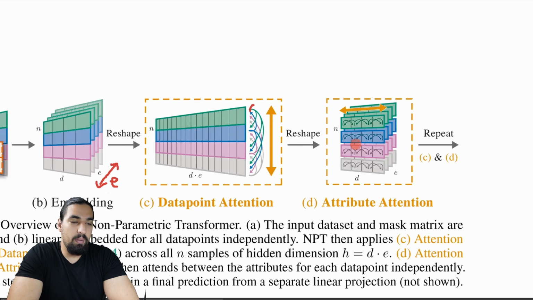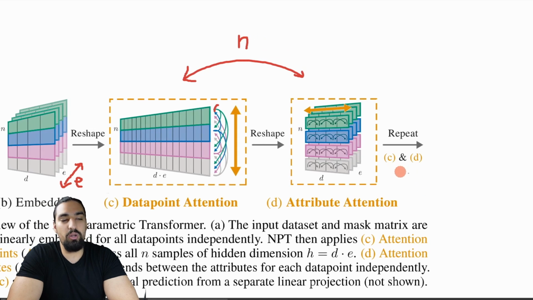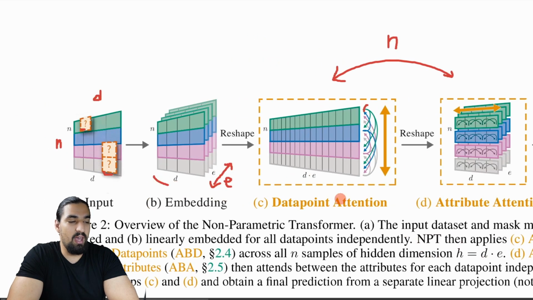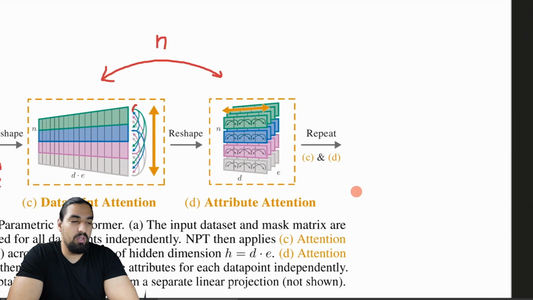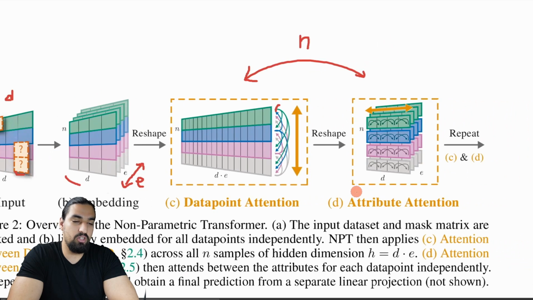Then they reshape it, and then they do the same thing, just this time across attributes. And they repeat this n times, basically as a for loop. And then they didn't draw it here, but basically they have an output linear projection layer, and that's the whole thing. The architecture is pretty simple.